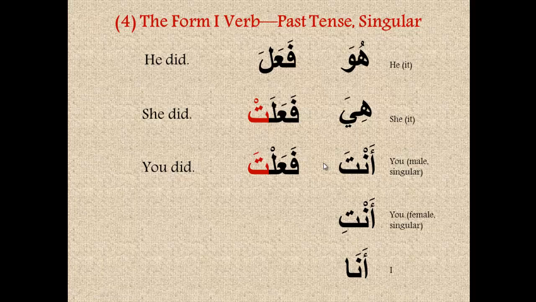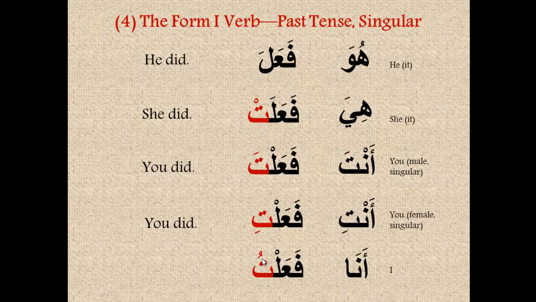Conjugating for anti, we say fa'alti. The t corresponds to the t in anti. Again, it rhymes. This helps us memorize this conjugation scheme. Anti fa'alti, which means you did, but again, we're referring to the feminine you. And last but not least, ana, I, ana fa'altu.